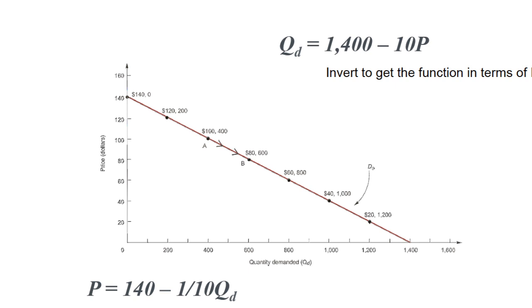So if a price changes, you see a movement along the demand curve for changes in price. The instinct to draw it this way might not be there because we always talk about price changes affecting quantity demanded, the reverse relationship. But it's handy to draw it like this because we're going to merge the supply and the demand functions to get equilibrium.